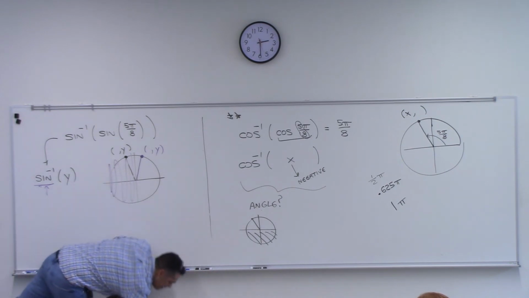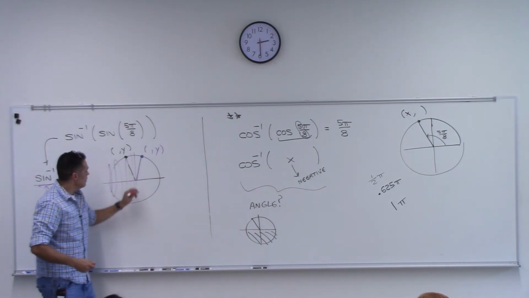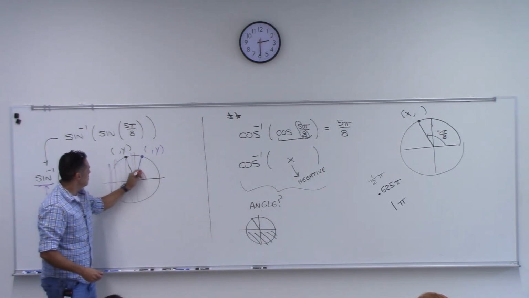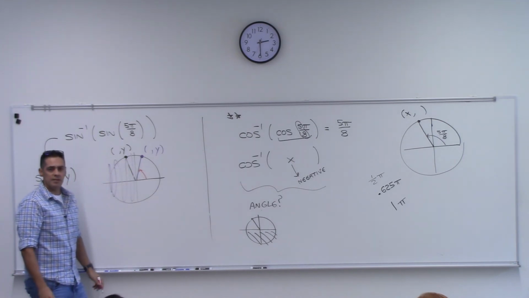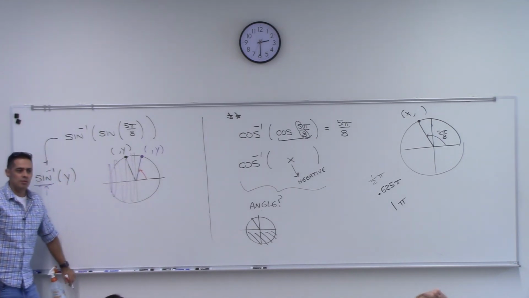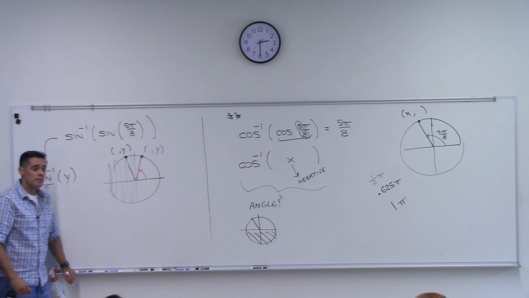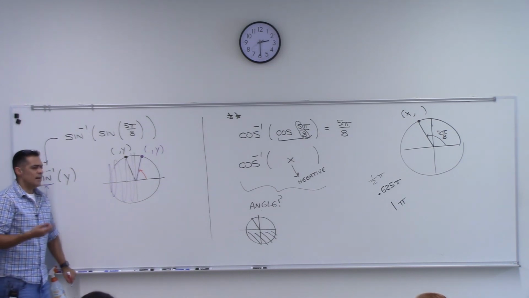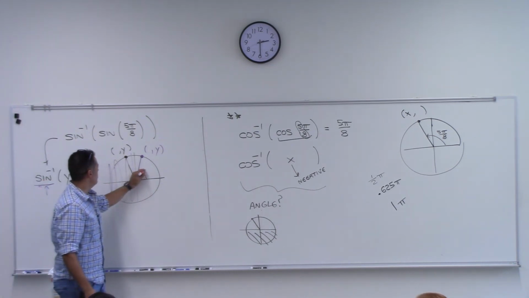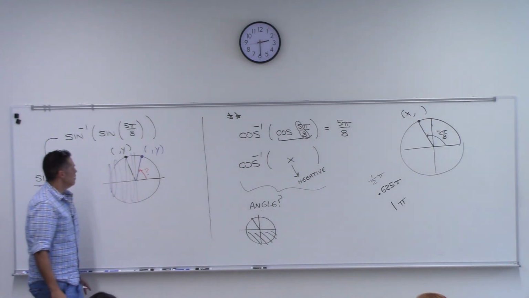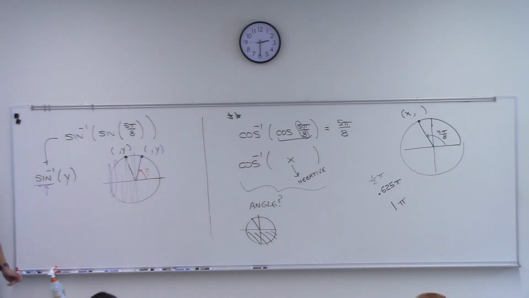Do y'all see the angle? It's that right there, isn't it? That's the angle. Do you know what it is, though? 3 pi over 8? How do you figure that's 3 pi over 8? 4 pi over 8 is pi over 2, so it's going to do that.